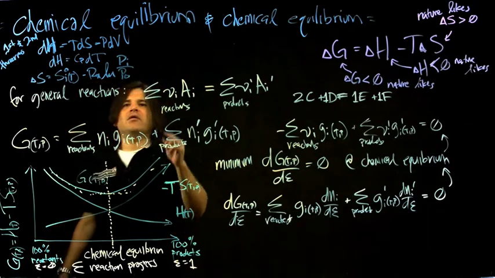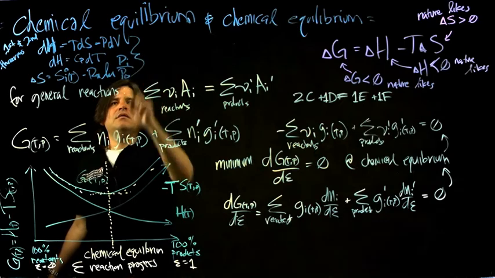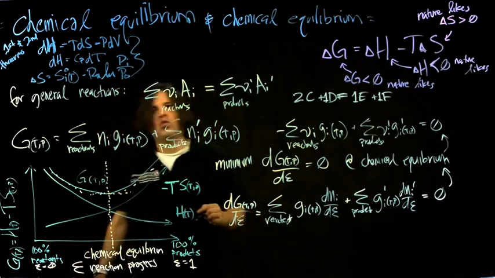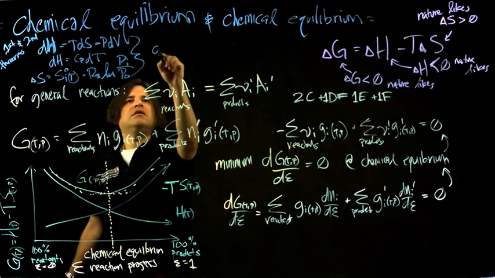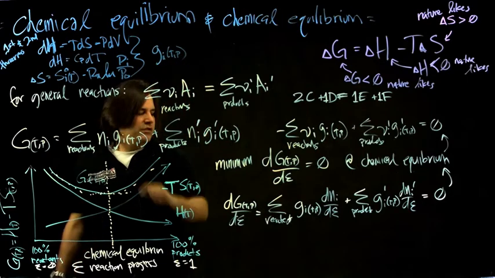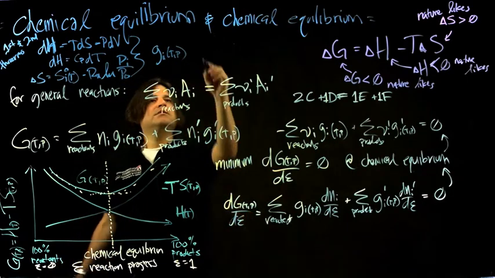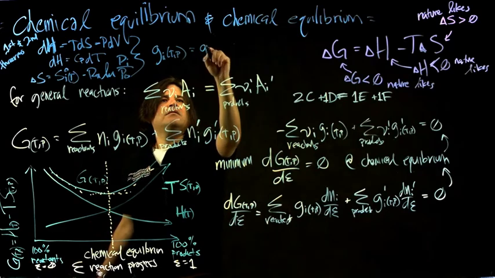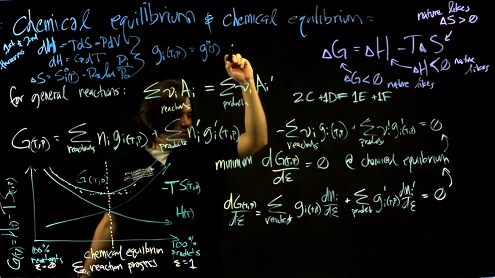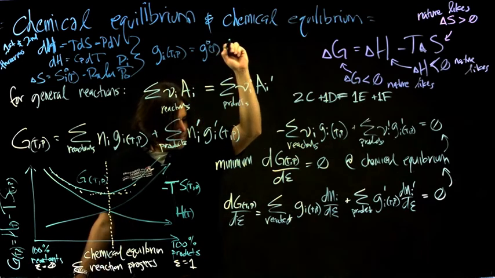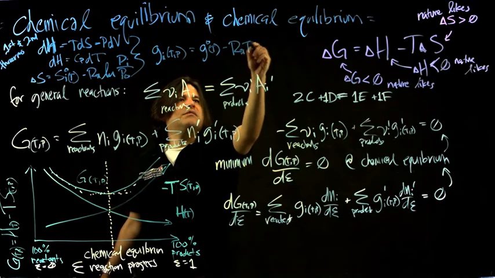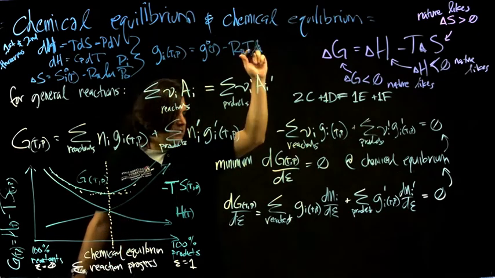Oh, it's minus. So by combining all of those classical thermodynamic relationships, you can write the Gibbs free energy for one component in a mixture as a function of temperature and pressure: some standard Gibbs free energy that you can look up in a table minus the gas constant times temperature times this pressure ratio.